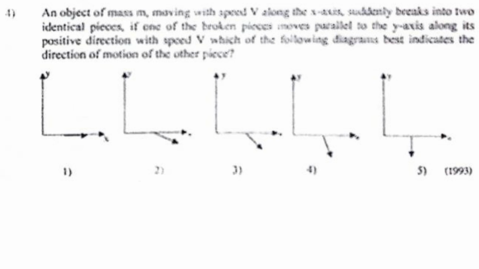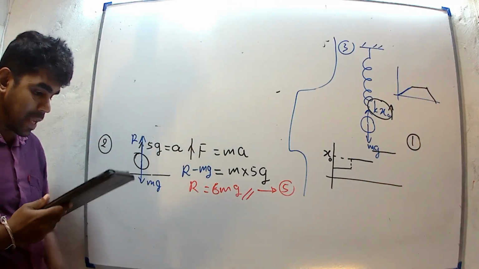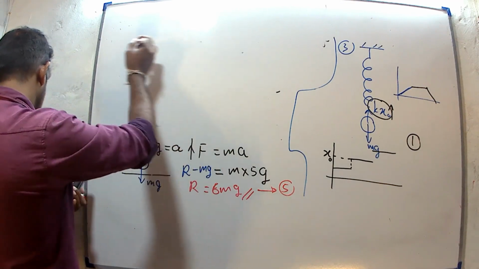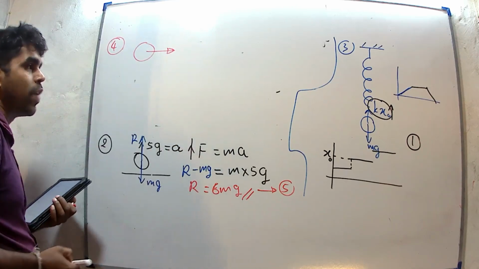If one of the broken pieces moves parallel to the y-axis and along its positive direction with speed v, which of the following diagrams best indicates the direction of motion of the other piece? An object of mass m is moving with speed v along the x-axis. Therefore, there is a momentum in this direction for the first situation.